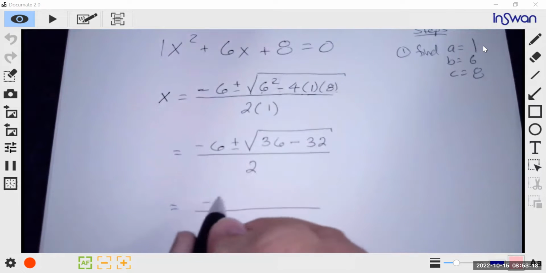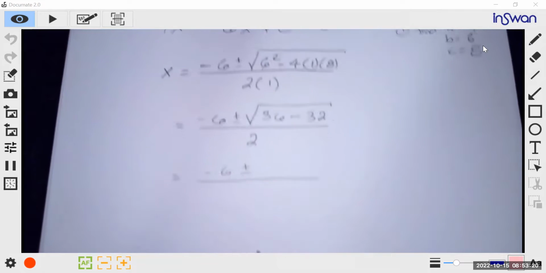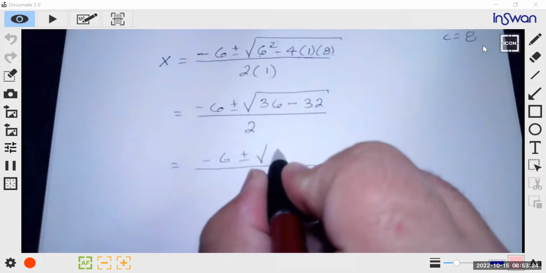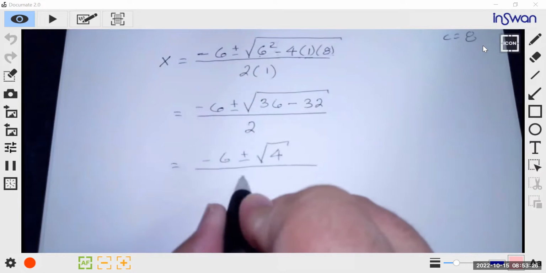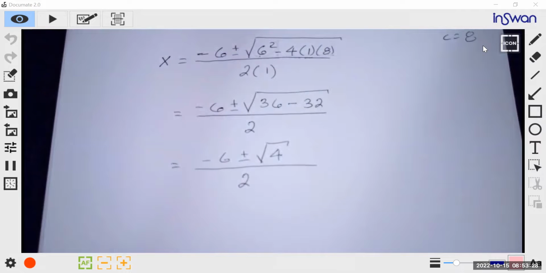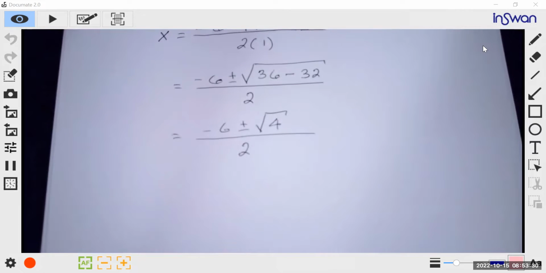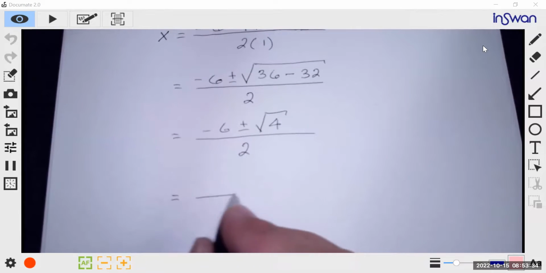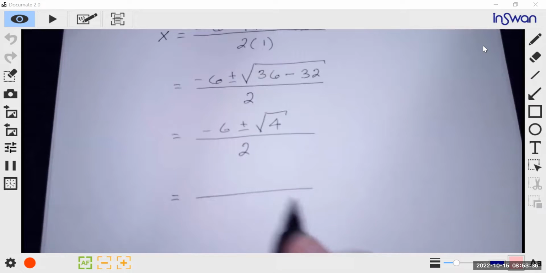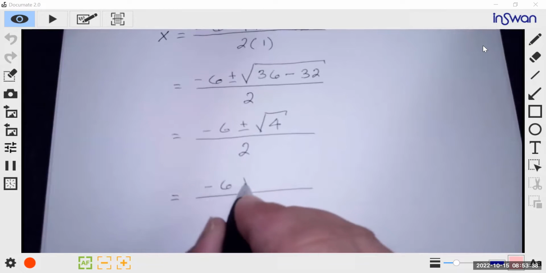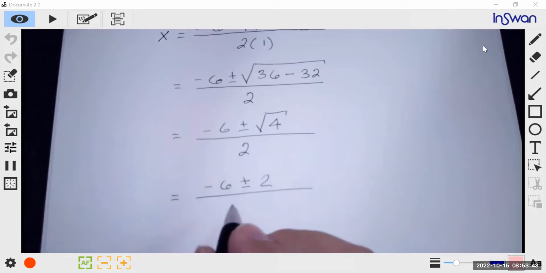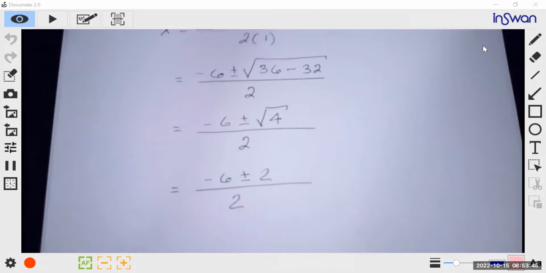That's a good question, actually, because I went pretty quick there. 36 minus 32 is 4. Negative 6 plus or minus the square root of 4, which is 2, over 2.